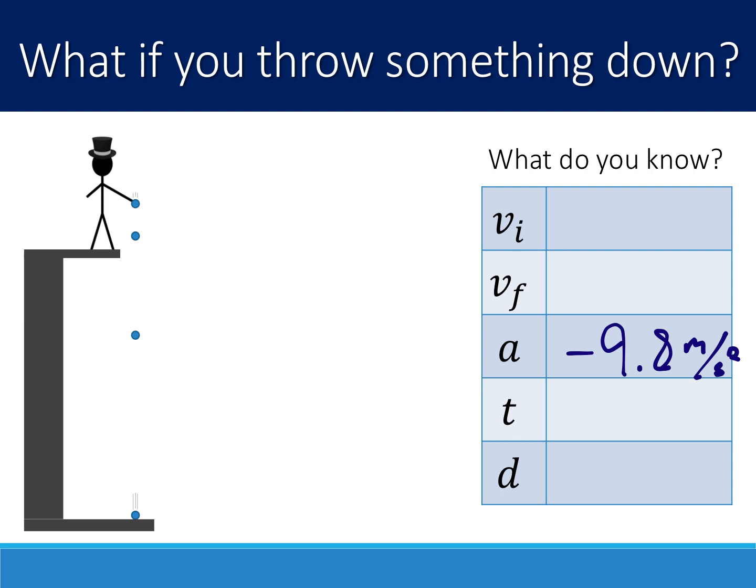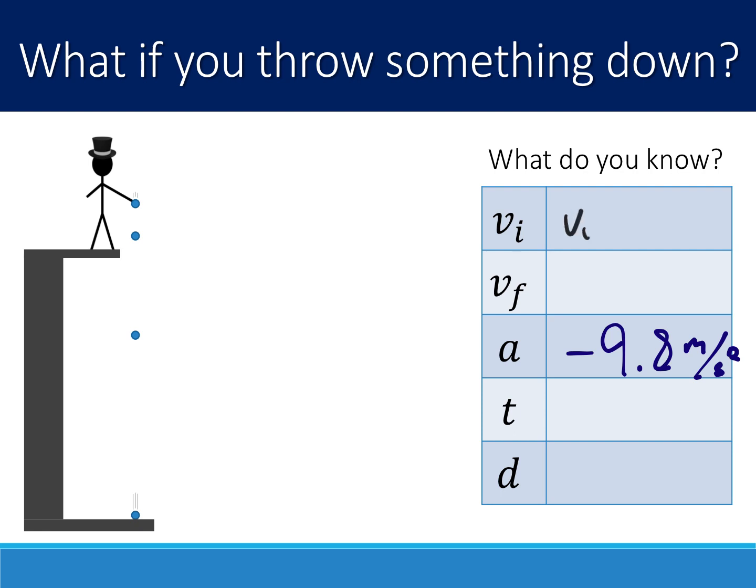Okay, I want to make a prediction. If I'm going to throw something down, so the ball will be thrown down, of course gravity is still going to act on it, but ask yourself, what other variable will change? Hopefully you answered the initial velocity. So this will have some kind of value.